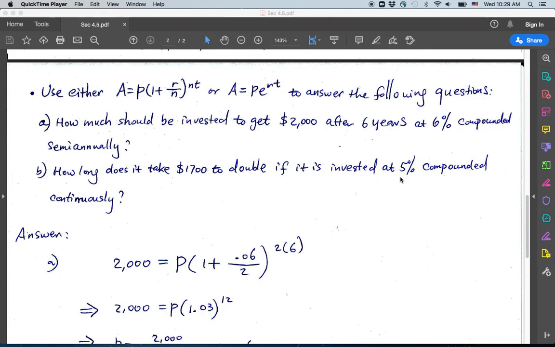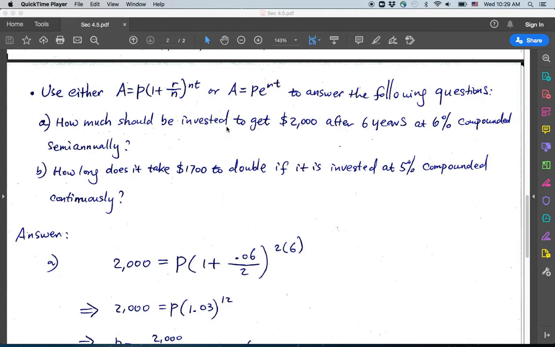The annual interest rate is 5%. We want to solve for the number of years in order for the initial deposit to double. In other words, the A value is going to be twice the amount of P. And R is 5%, 0.05. We're looking for T here.